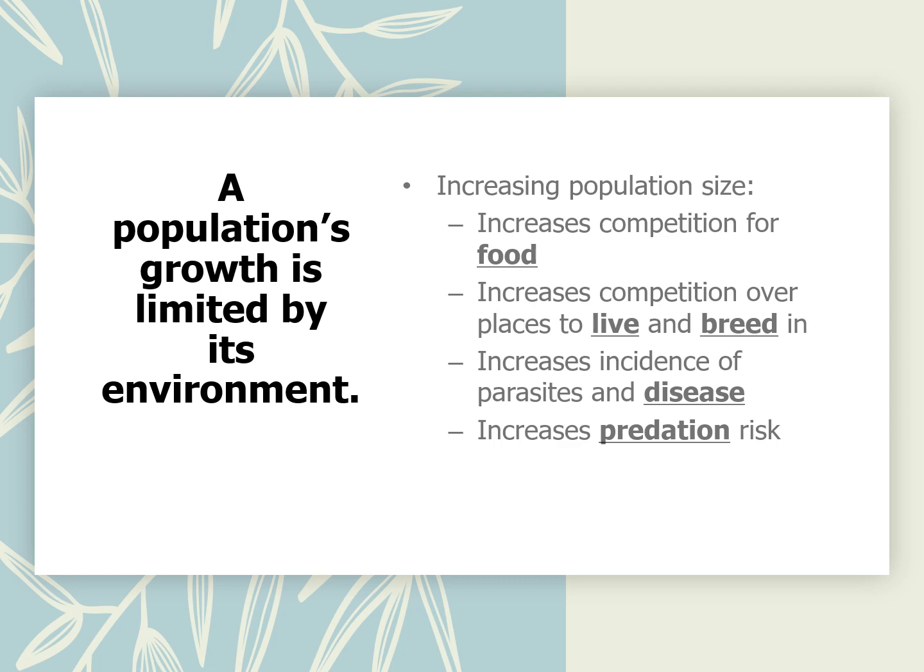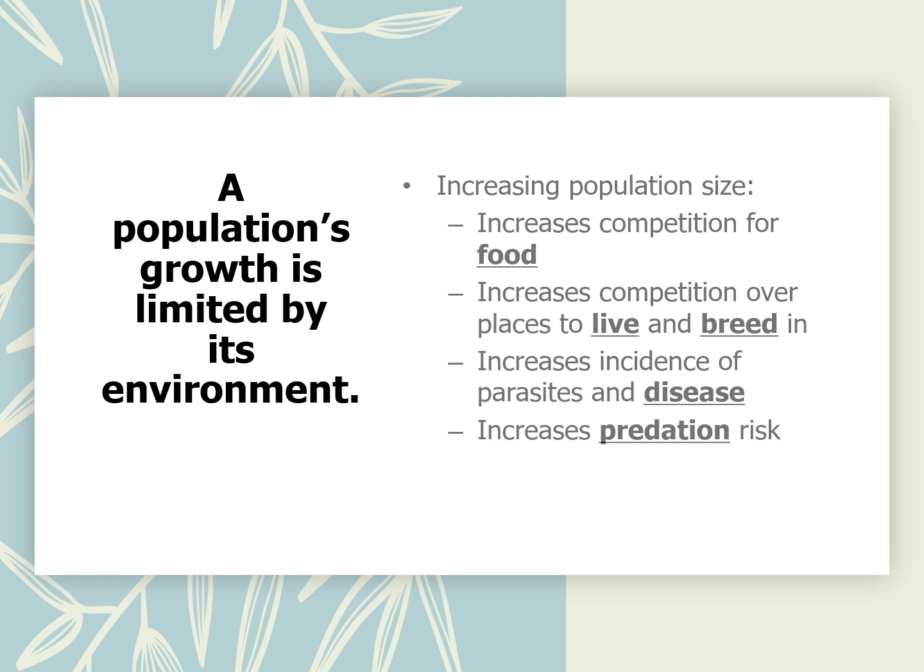Another factor is that if a population is getting too large, we can see an increase in disease and parasites because of the density of the population. We see more hosts for those parasites and diseases to hop from one host to the next. So if we have a high density population, we see substantially more diseases going around, more parasites as well.